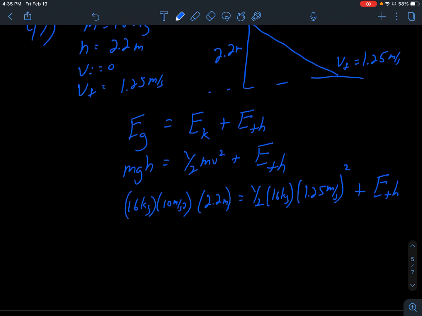So plugging that in, solving, we get around 339.5 joules. Now comparing some of these, like I did the math a little bit differently.